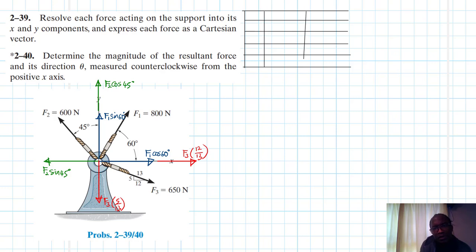Then we close it there. Let's fill it in. We have F, the X component, and the Y component. This is F1, this is F2, this is F3, and this is the resultant.